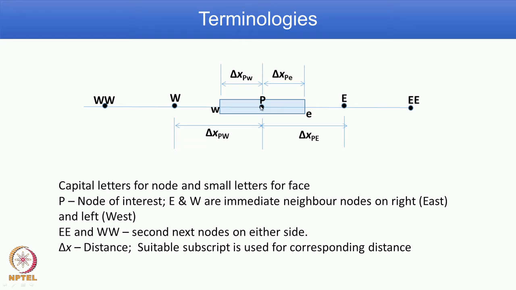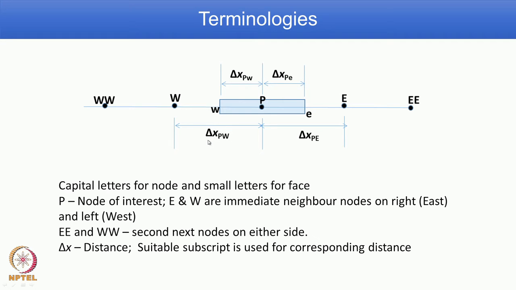The distance between the point of interest P and the respective nodes is given by the corresponding subscript. In this case, for example, the distance between node P and node W, because it is 1D, is delta x with the subscript PW.